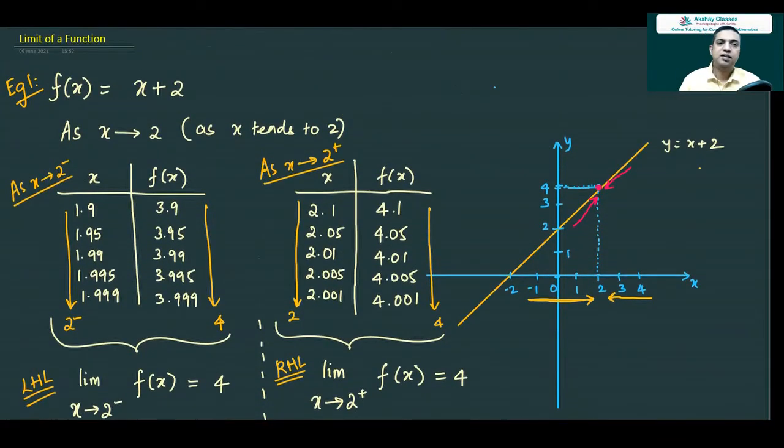If I am in the neighborhood of 2 here, the function value is in the neighborhood of 4. No problem. So here very clearly the limit as x tends to 2 of f of x is equal to 4.